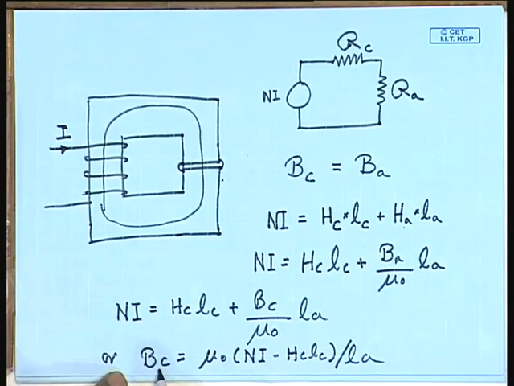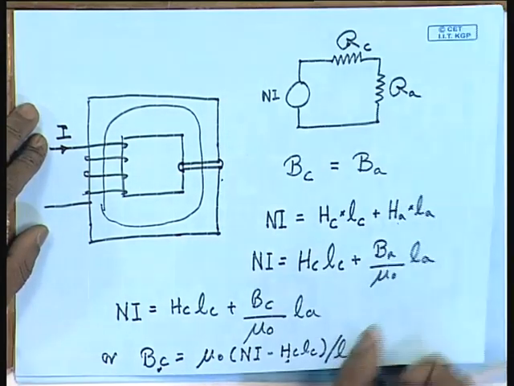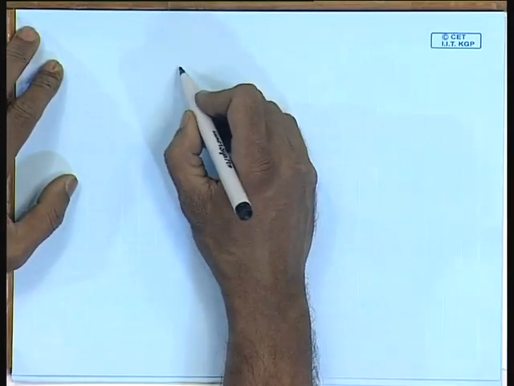This is one relationship relating Bc to Hc, which is linear. The other relationship between Bc and Hc is given by the BH curve of the material.